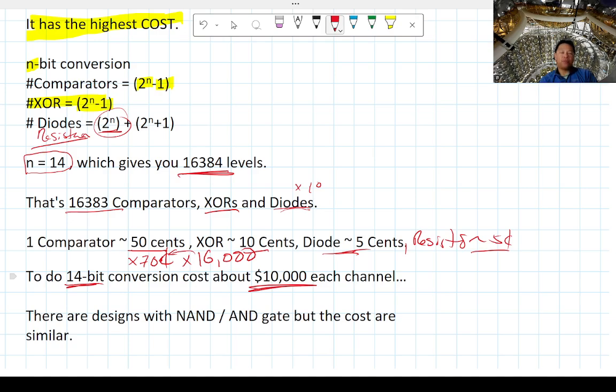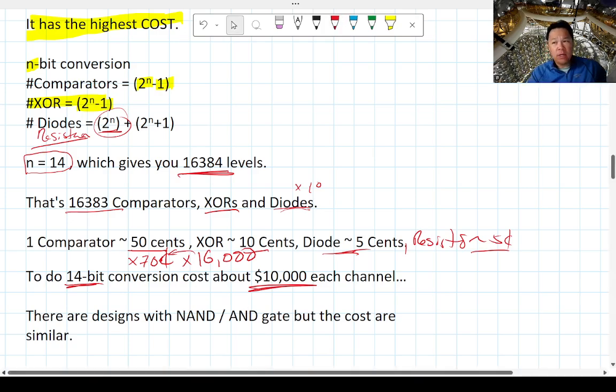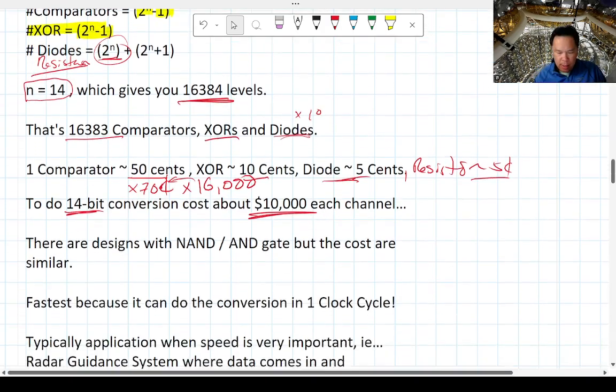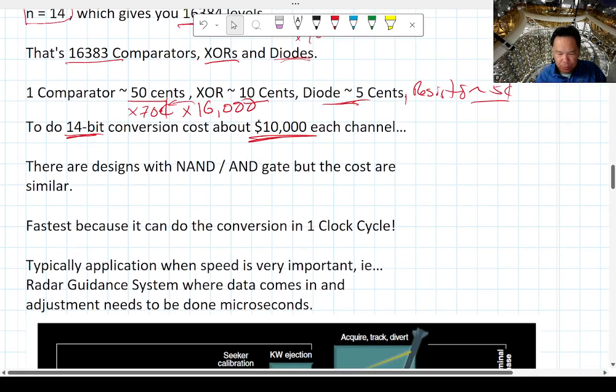So that's a lot more than your phone, your computer, stuff like that. Generally, these are not used in consumer electronics where you want to do an analog to digital conversion but the speed is not that important. But it is the fastest, because the conversion is even less than one clock cycle.